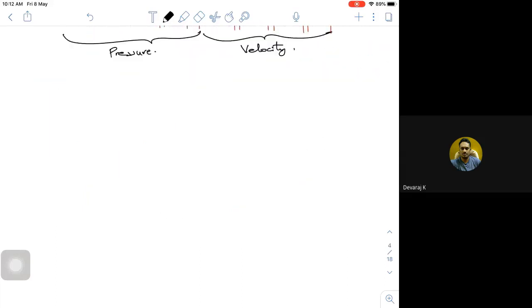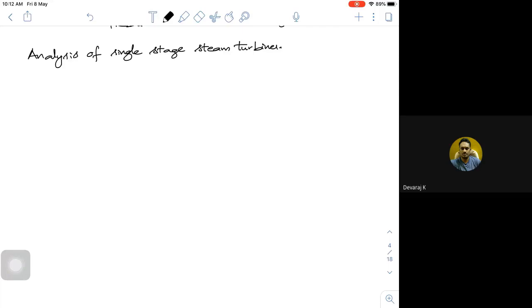We need to analyze the single stage steam turbines. First we look at the impulse type, then we'll go for the reaction type.